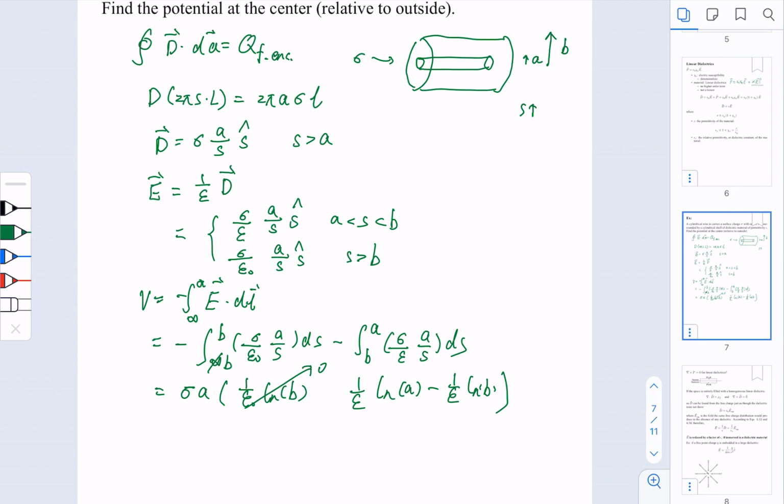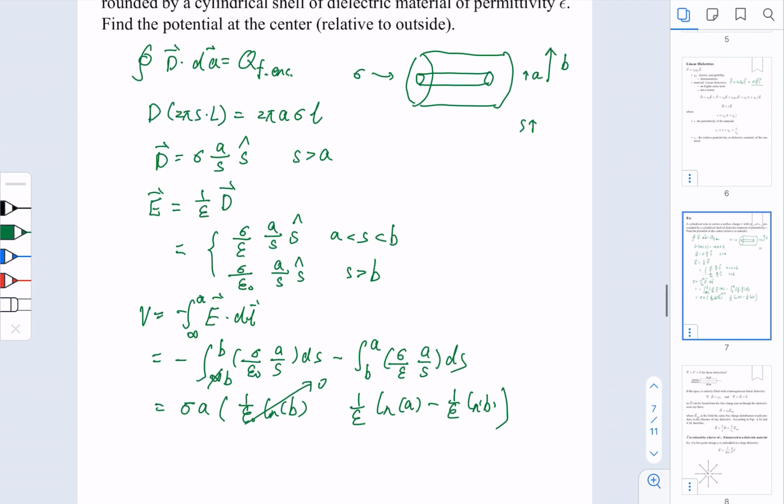Now, if you look at our calculations of this entire problem, we actually don't need to care about exactly what the induced charge is. In this problem, we only know the free charge distribution, which is the sigma over here.